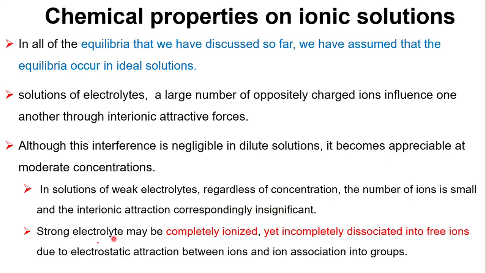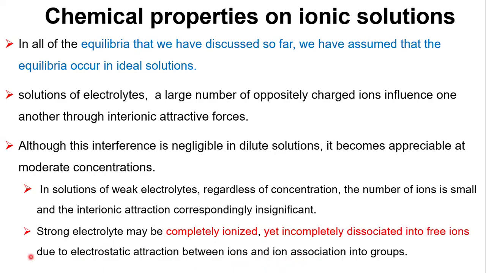Now, this is where it gets interesting. Strong electrolytes may be completely ionized, yet incompletely dissociated into free ions due to electrostatic attraction between ions and ion association into groups.